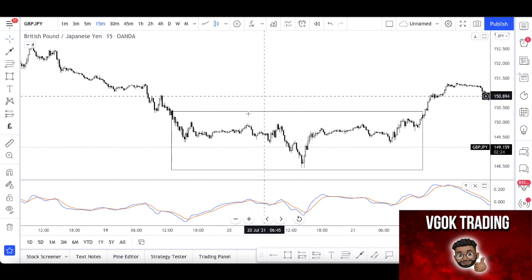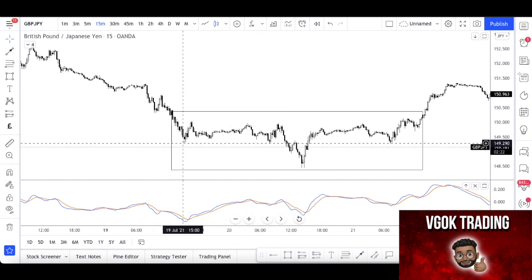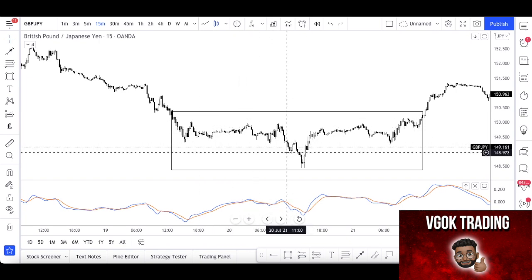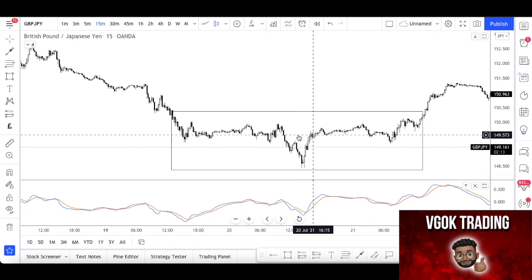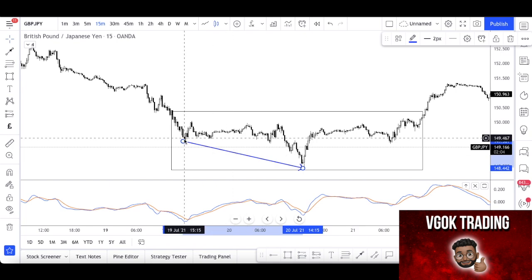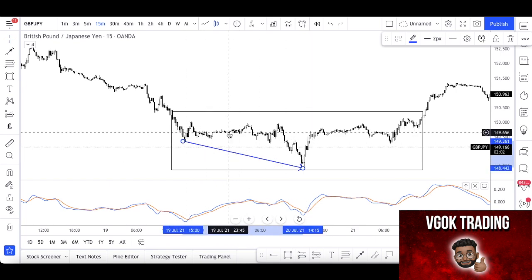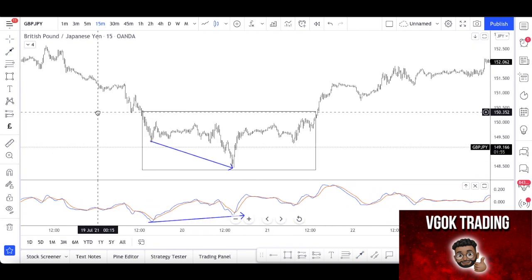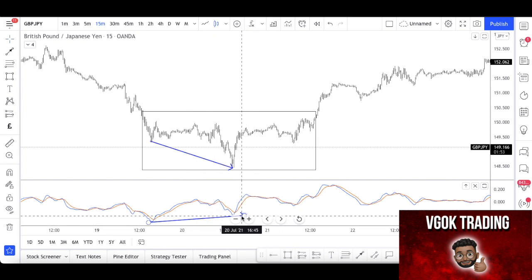Moving along to here, we've identified an accumulation schematic. You can see all the different steps: the preliminary support, the selling climax, automatic rally, secondary test, further secondary test. We get the spring, break of structure. The whole accumulation schematic is here. But just looking at it in terms of a divergence and convergence aspect, we've got the market creating a lower low, as you would expect, but at the same time, you've got it creating a higher low on the oscillator, on the MACD.